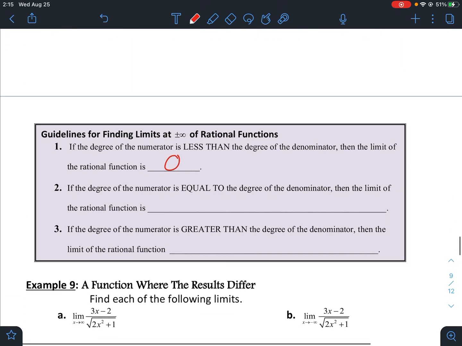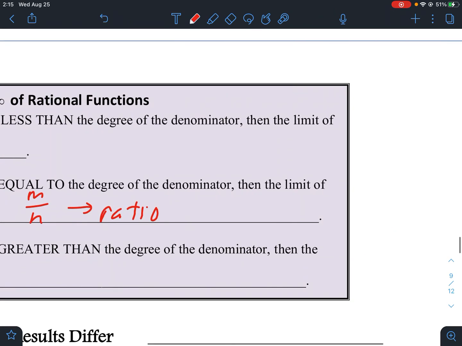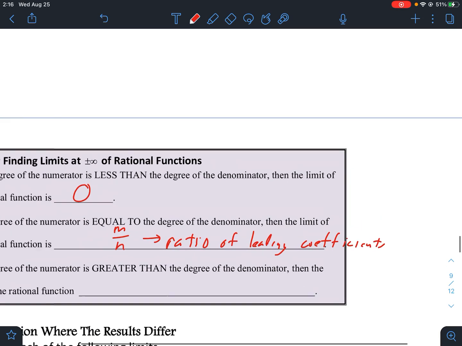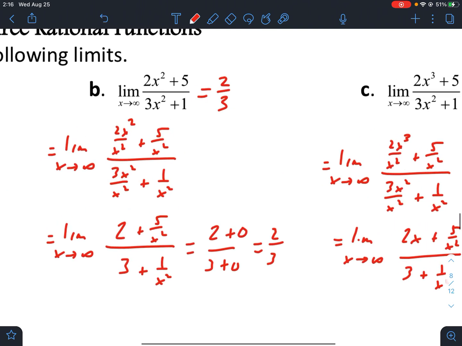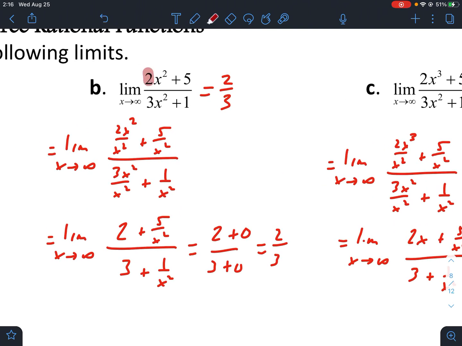The second one, if the numerator and denominator both have the same degree, then the limit would be, well, I usually say m over n or a over b, whatever that is. But what it is is the ratio of the leading coefficients. So going back to our B problem, you see our leading coefficients are 2 over 3, and that was our limit.